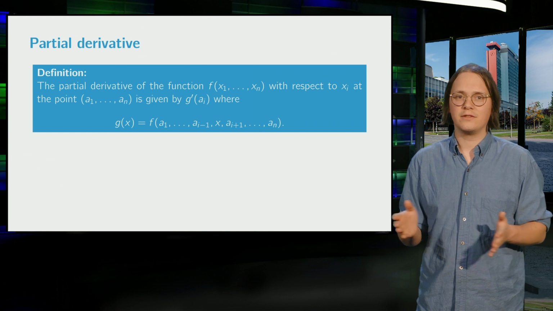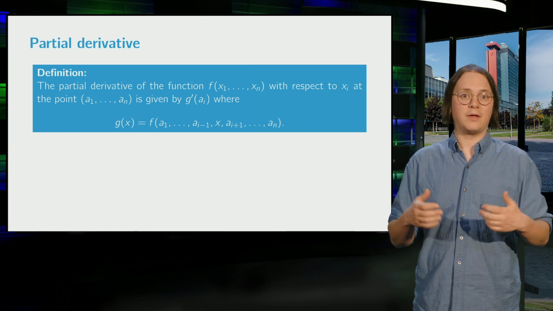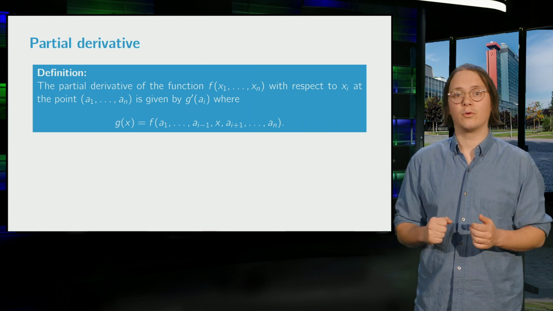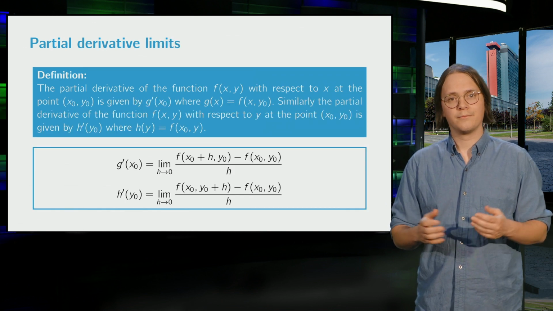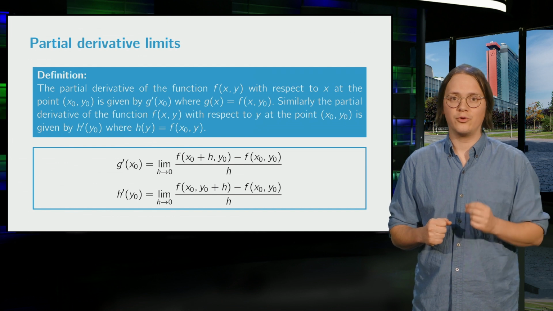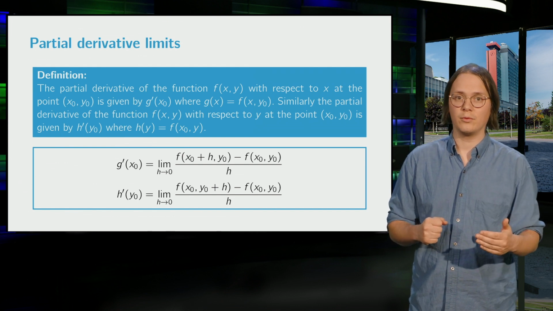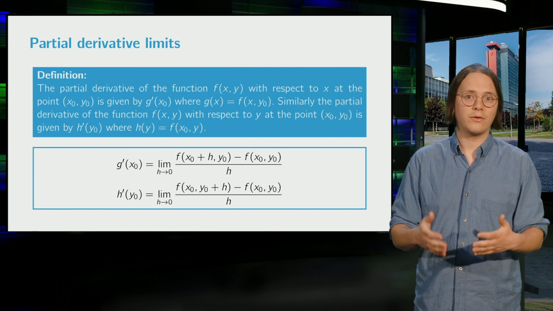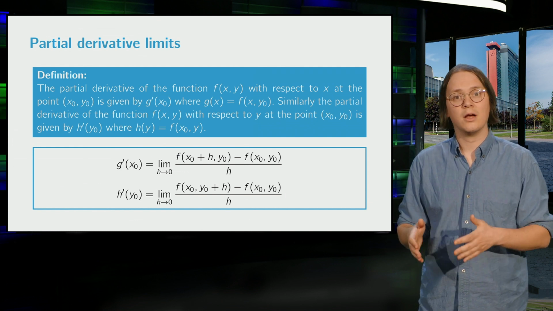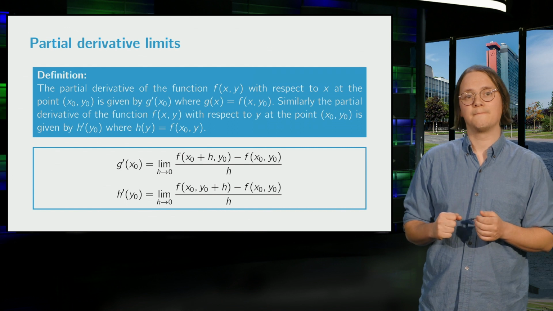In essence, this doesn't change matters much, except that now we must hold more than one variable constant when considering the partial derivative. The definition here is in terms of the derivative of a function of one variable. If we consider then the definition of the derivative of a function of one variable in terms of limits, we find the formula shown on the slide.